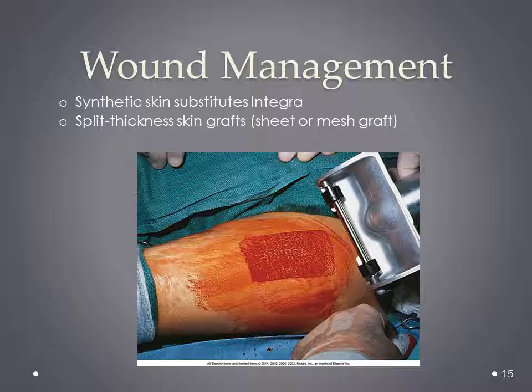Just to let you know, we can also grow cultured epithelium now, and we use pigs and rats in laboratories to do that. So that has been a big help to the treatment of seriously burned patients also.